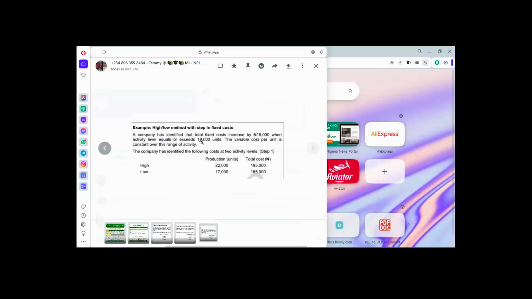The fixed cost will increase. Fixed cost will increase at any level that is equal to or exceeds 19,000.